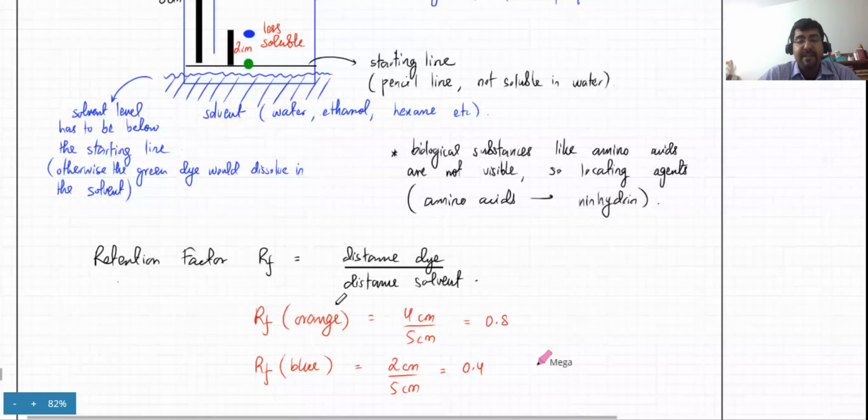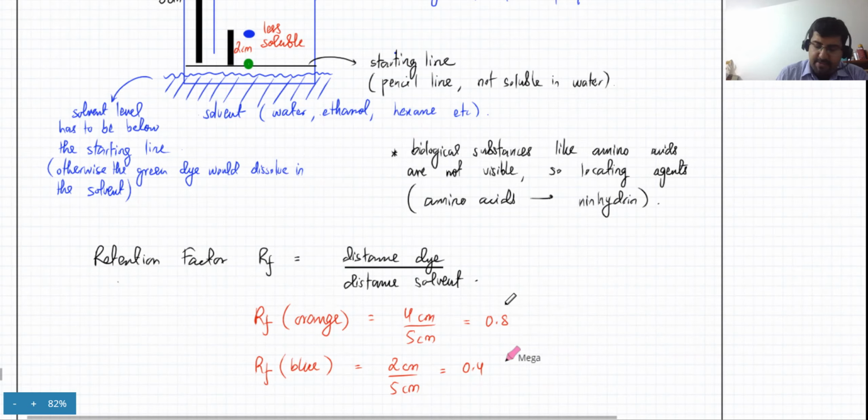If some other mixture contains this orange dye, the RF value would always remain 0.8 for the same dye. If it's another different orange dye, then it would have a different RF value. But RF values are very unique to every dye, and they don't change. Okay, they're always fixed.